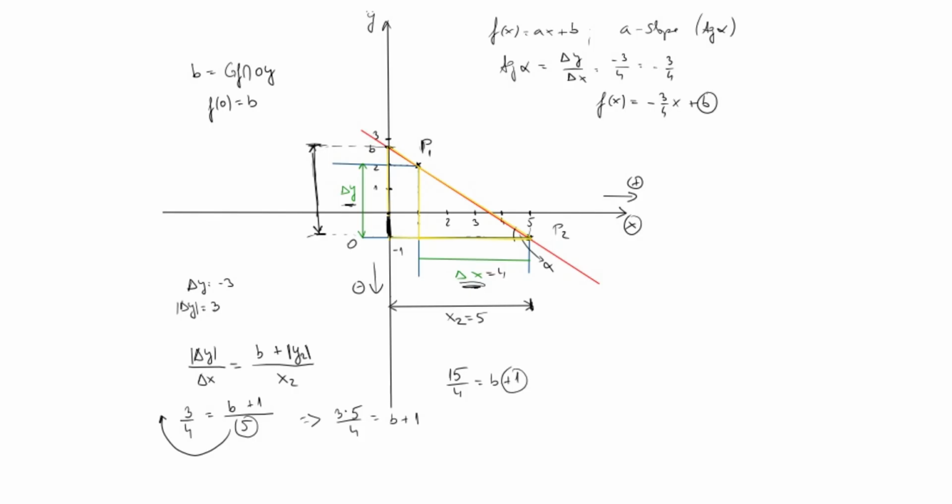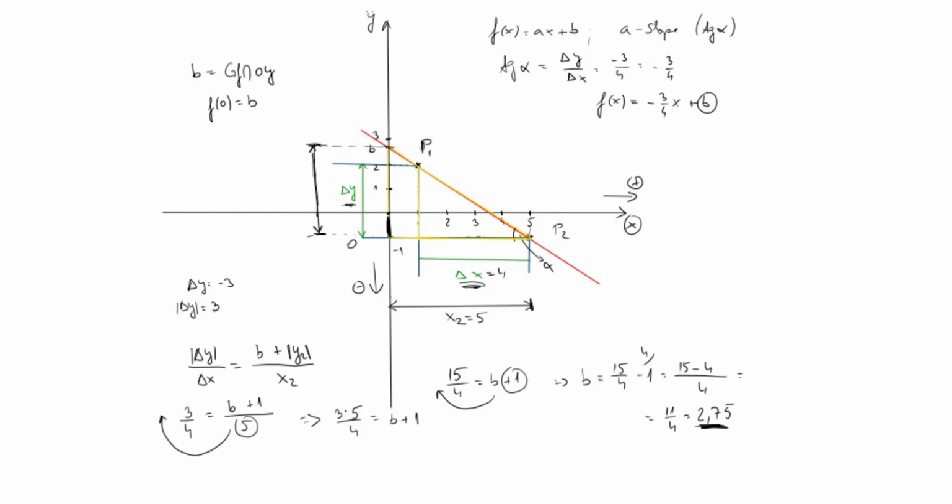This plus 1 goes to the other side with the changed sign, so b will equal 15 over 4 minus 1. We amplify by 4 here, and then the common denominator is 4, and here we have 15 minus 4, and this will equal 11 over 4, which is exactly 2.75.